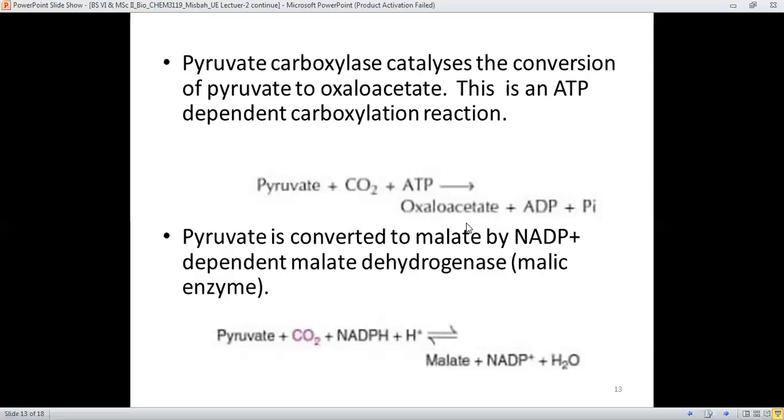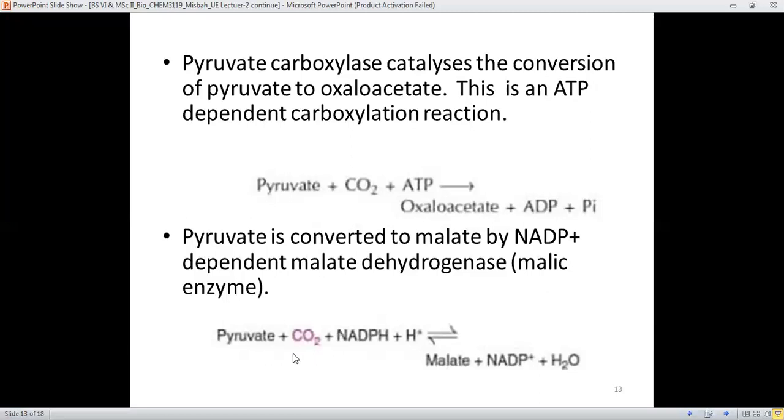Yes, this is the reaction responsible for filling up an intermediate of the TCA, because oxaloacetate is one of the intermediates. Similarly, pyruvate is converted to malate by the NADP dependent malate dehydrogenase, which is called the malic enzyme as well.